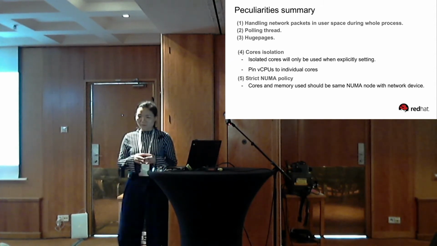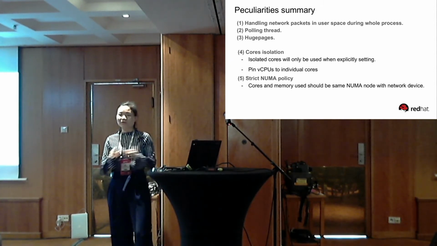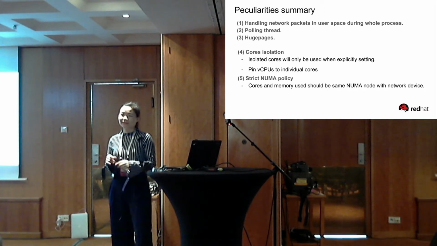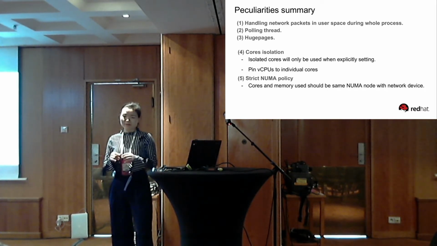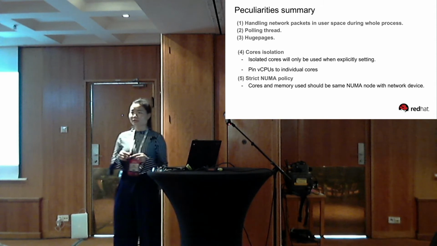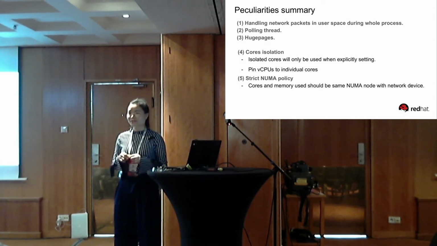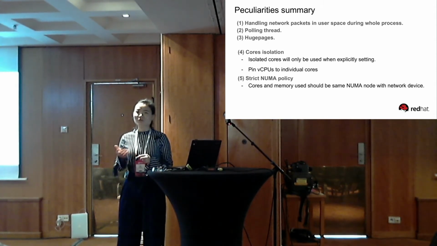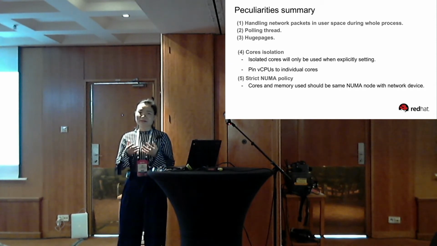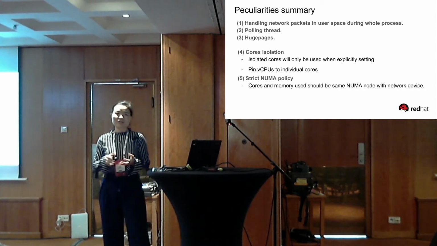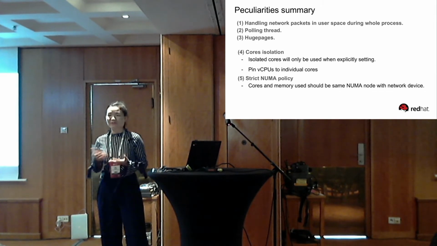When we isolate a group of cores, we pin the threads to the dedicated CPUs. Also, there should be no overlap. The CPUs pinned to Open vSwitch should not overlap with the CPUs pinned to the VM.